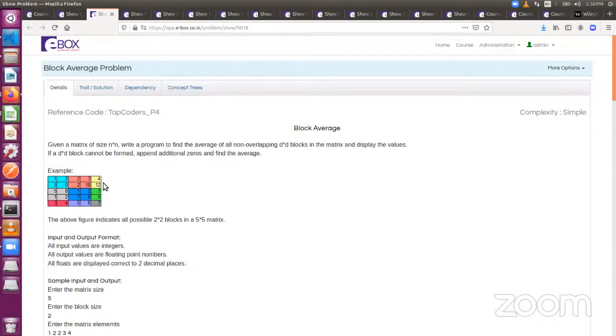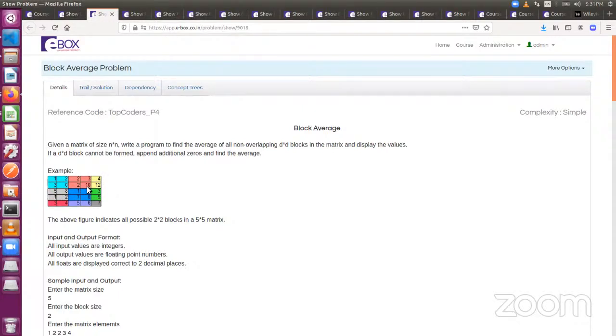For that, they're telling us that if a 2 cross 2 block cannot be formed, imagine that a 0 is added. That depends on how many zeros you want. Suppose it is 3 cross 3 and you are finally ending with one row, then you have to add 2 rows of zeros and 2 columns of zeros. That depends on the problem.